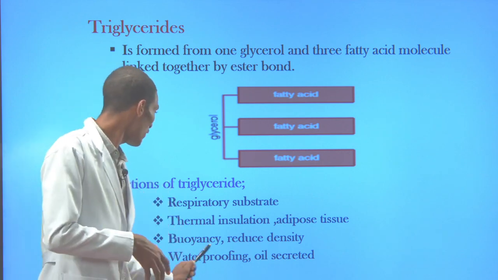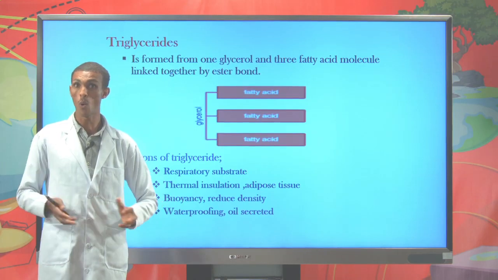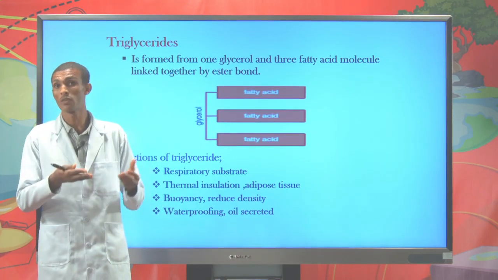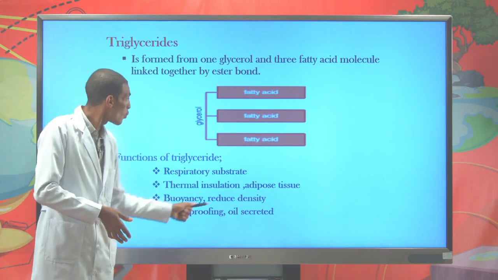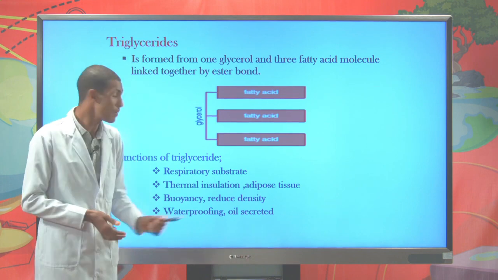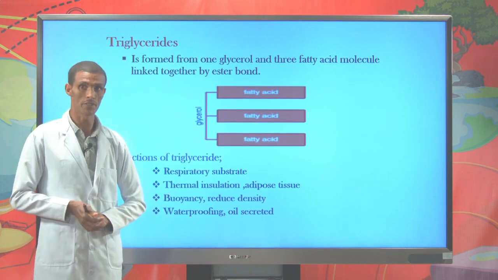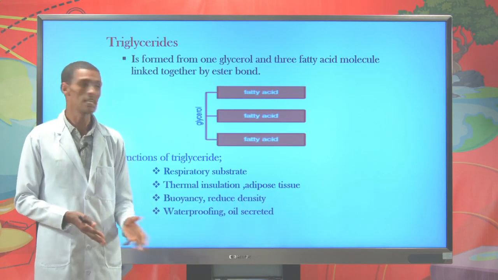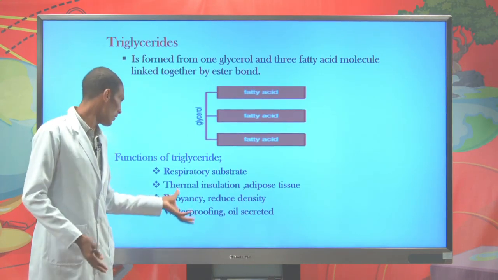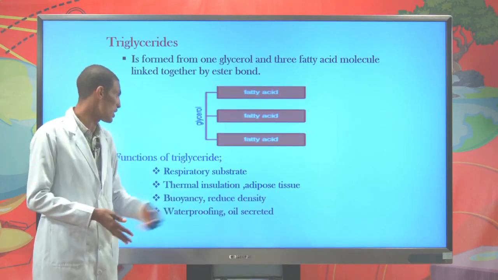Another, it is very important for waterproofing. Oil secreted on the surface of animal feathers or skin is a lipid, a triglyceride. So triglyceride serves life functions such as energy, temperature regulation, and buoyancy.